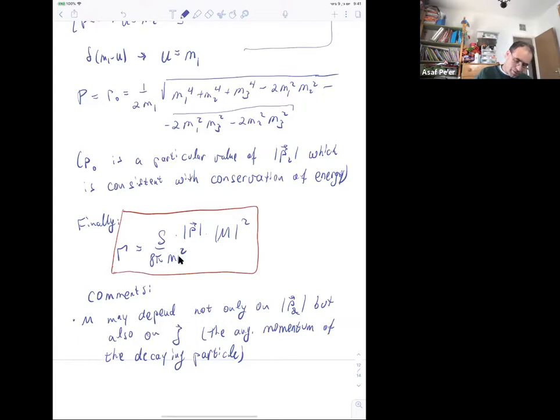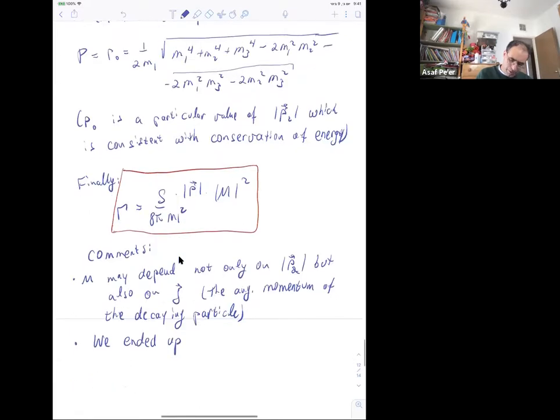I said we did not solve really any integral. Again, we had the opposite momenta of the outgoing particles.